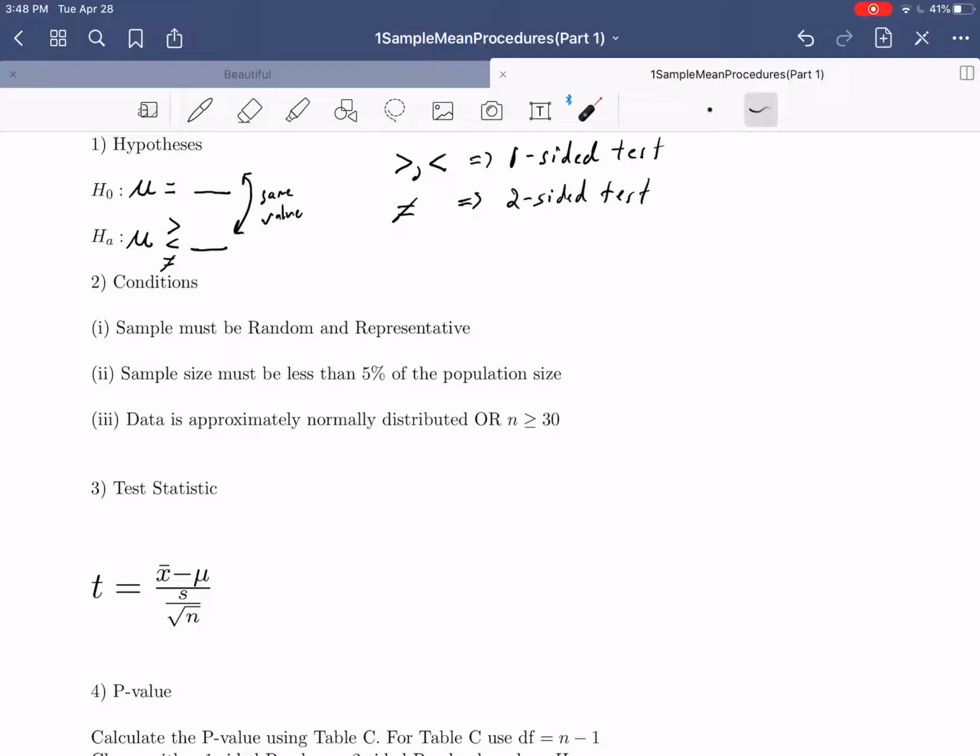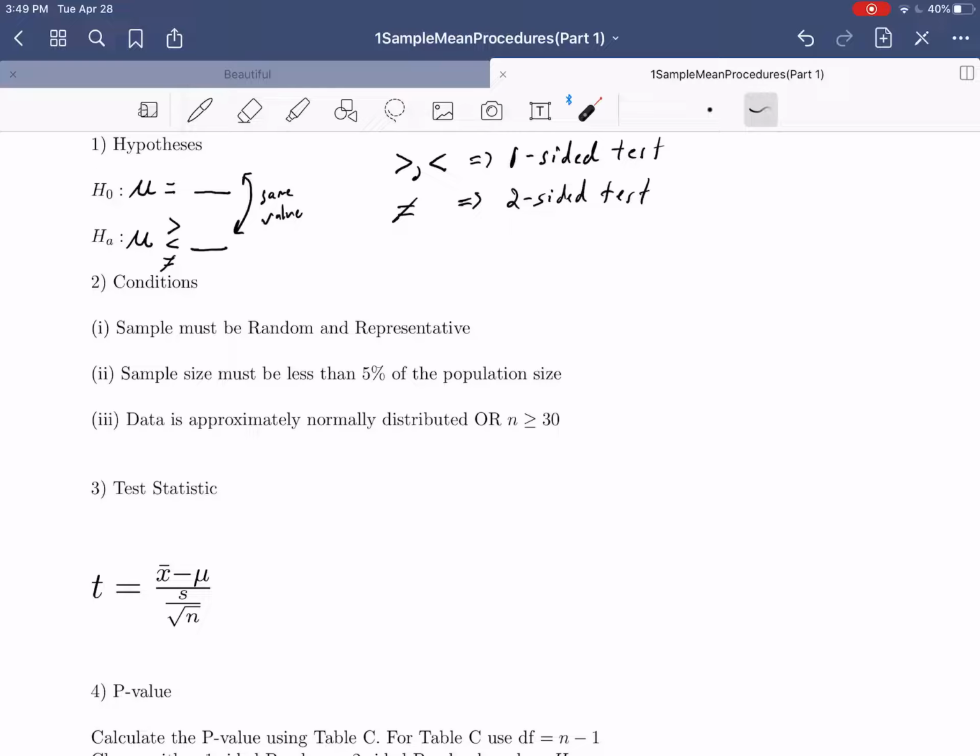So those population sizes are going to be really huge, and coming in under 5% of them is going to be really easy. The only time this is really a concern is if the population is a smaller group, like if we're studying just the people who live in a small town or just the people who go to a particular university. Then we'll have to be more careful about this consideration.